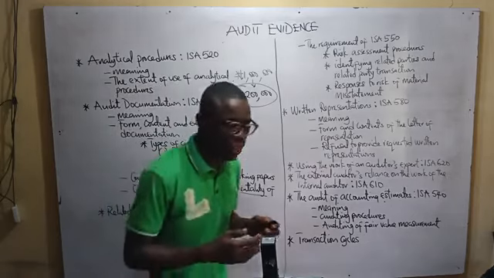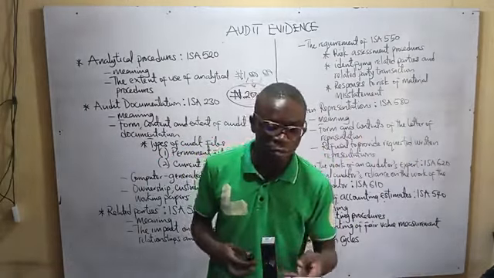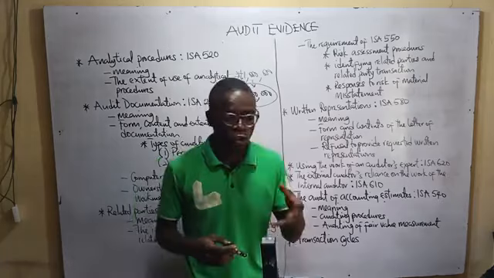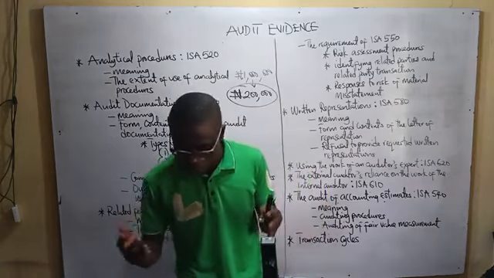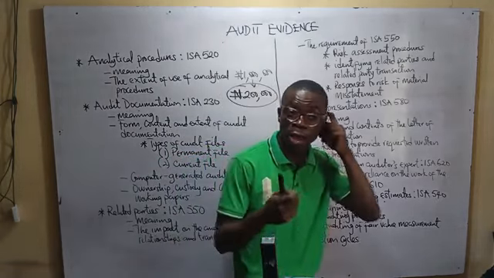One of the other ways that the auditor can identify related parties and related party transactions is that he can review the minutes of shareholders' meetings.